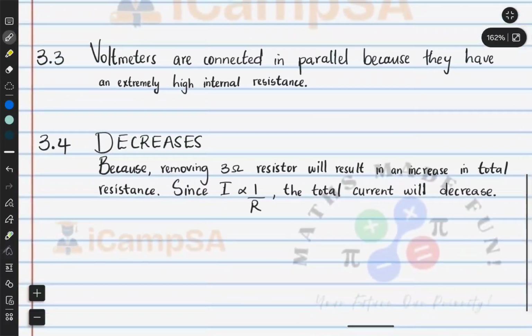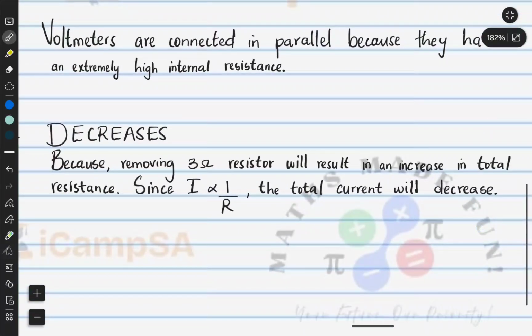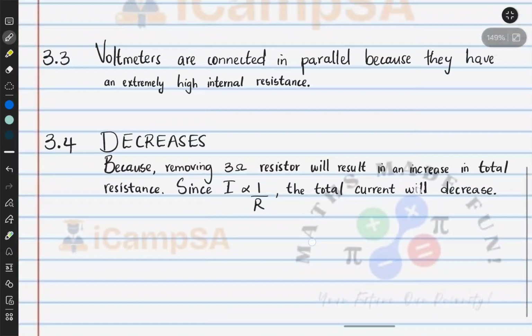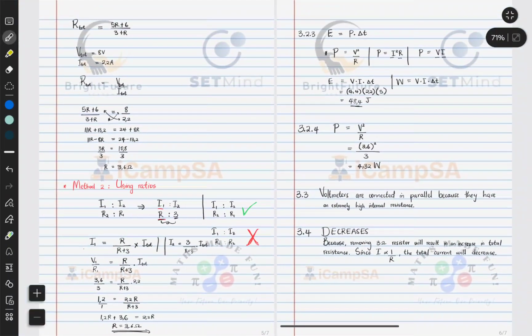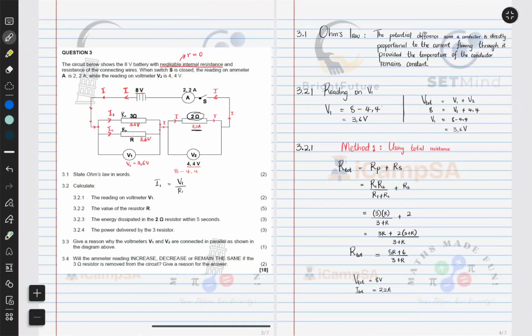So we're saying that removing the 3 ohm resistor will result in an increase in total resistance, since the current is inversely proportional to the resistance. So the total current will therefore decrease as a result of an increase in the total resistance, right? So yeah, that's how you would answer such a question.